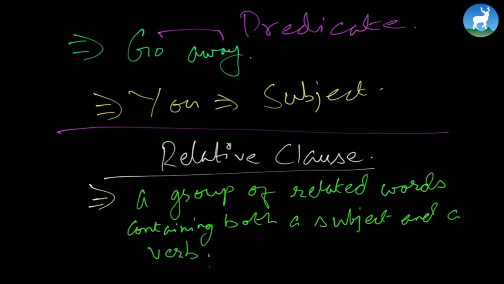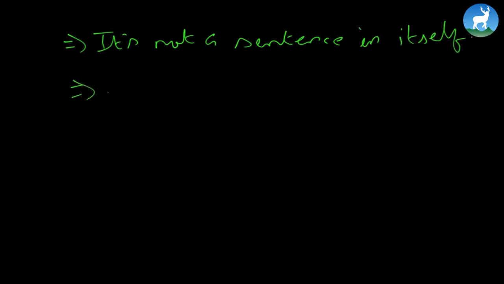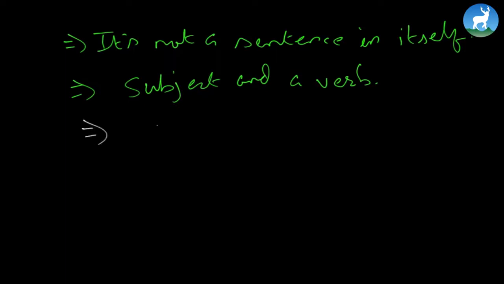Now, let's further clarify this with an example. It's not a sentence in itself, however. Always remember that it's not a sentence in itself. But because it has a subject and a verb, it gives a clear meaning.